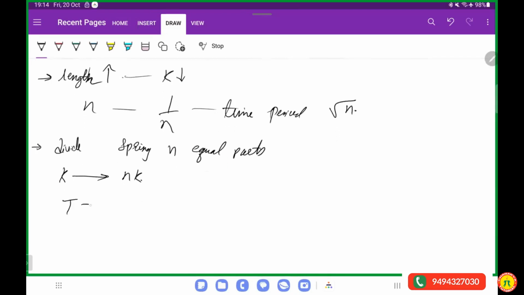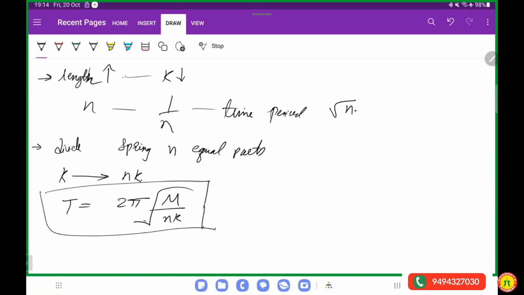So the time period will become 2 pi root of total mass by k. That's it. No big deal here. If it's divided n times, each will have some spring constant, because it depends upon the material.